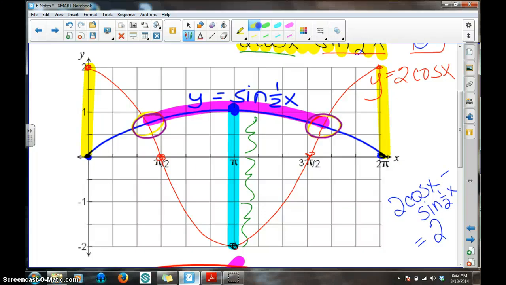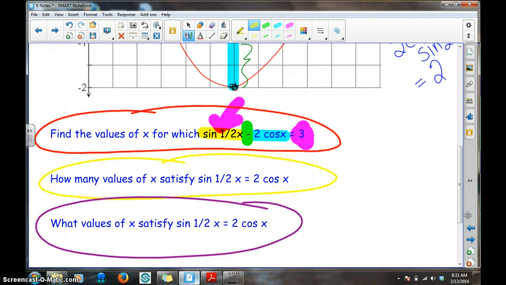Did I see it? Jordan. So you could go back to the other equation and make it -3. Wait, you mean if I moved these to the other side and moved 3 to the other side? Didn't you say it could be a negative number? It can be a negative number.